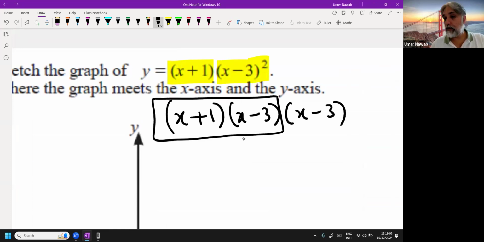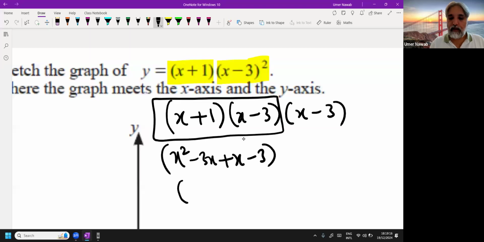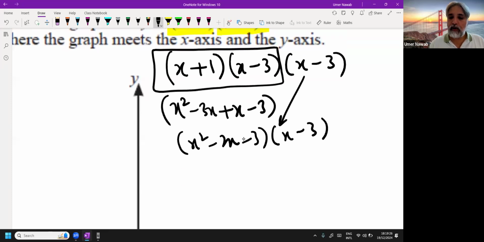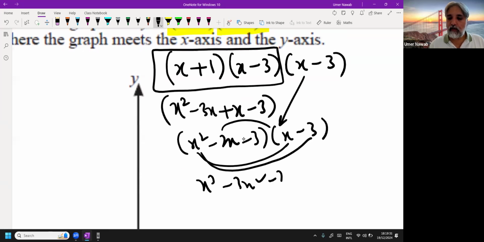Although you don't need expansion, I want to show you that it is telling you that this is a cubic graph. So x times x gives you x squared, -3x plus x, -3, and then x squared -2x -3, and now it is going to be multiplied with x -3. So x squared multiplied with x gives you x cubed, then -3x squared, then -2x squared, right? Then plus 6x. In this way, you can open it.